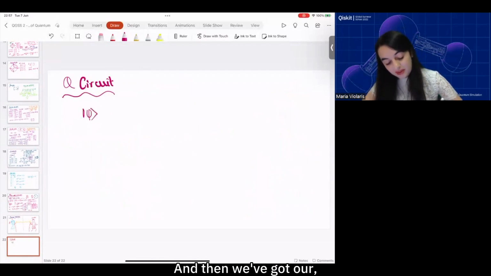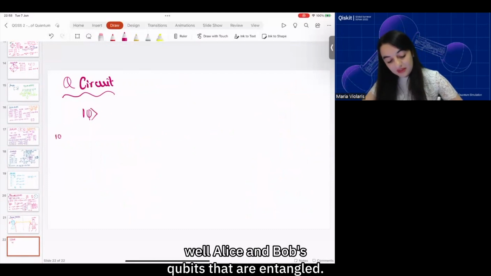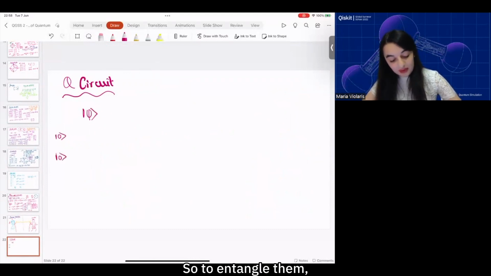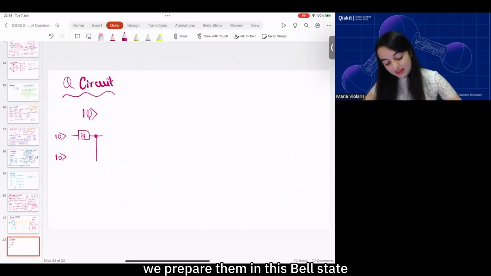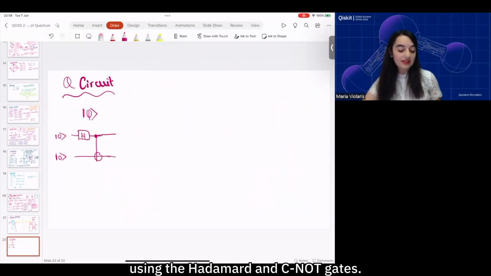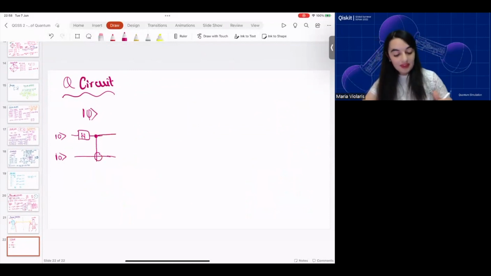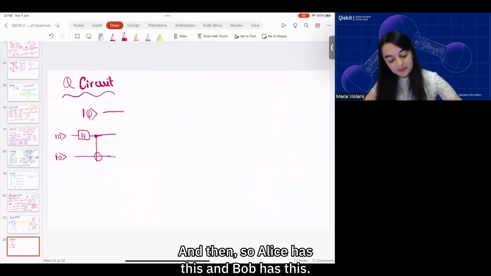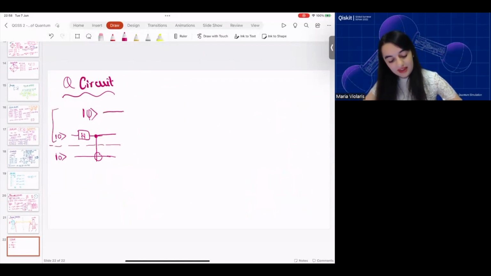And then we've got Alice and Bob's qubits that are entangled. So to entangle them, we prepare them in this Bell state using the Hadamard and CNOT gates. And then Alice has these and Bob has this.